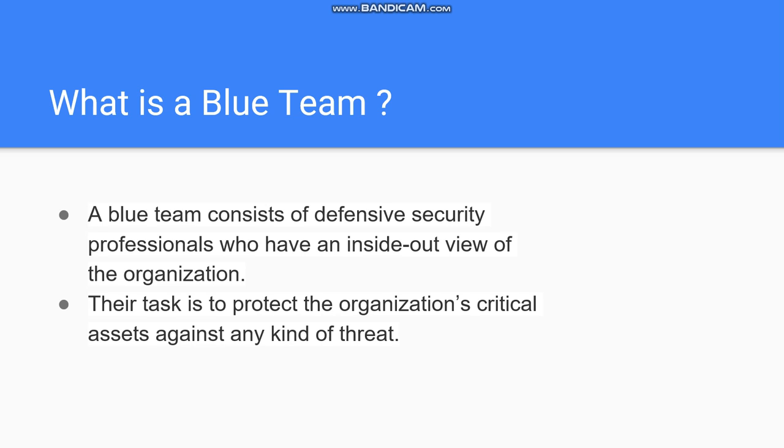Basically, they are stopping the red team from attacking their systems. Their task is to protect the organization's critical assets against any kind of threat. So, as I told you, to protect the organization, they use many methodologies and mechanisms to keep the data secure.